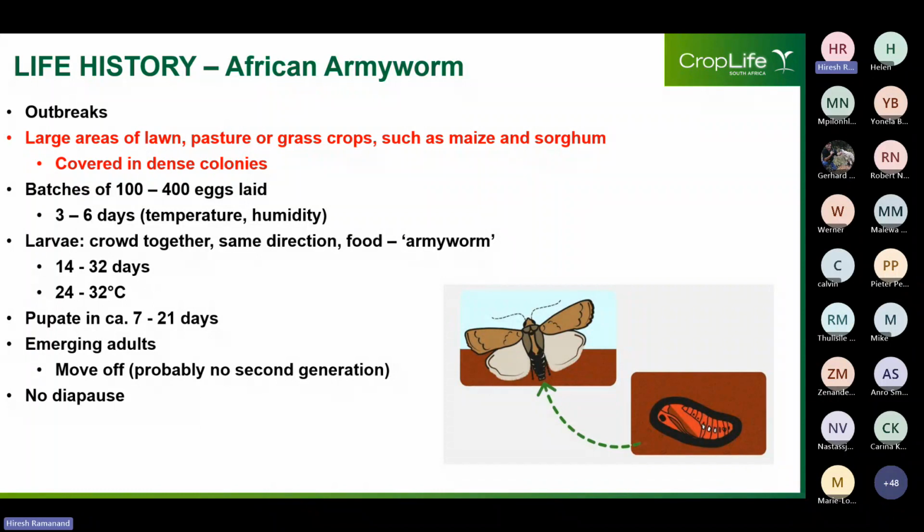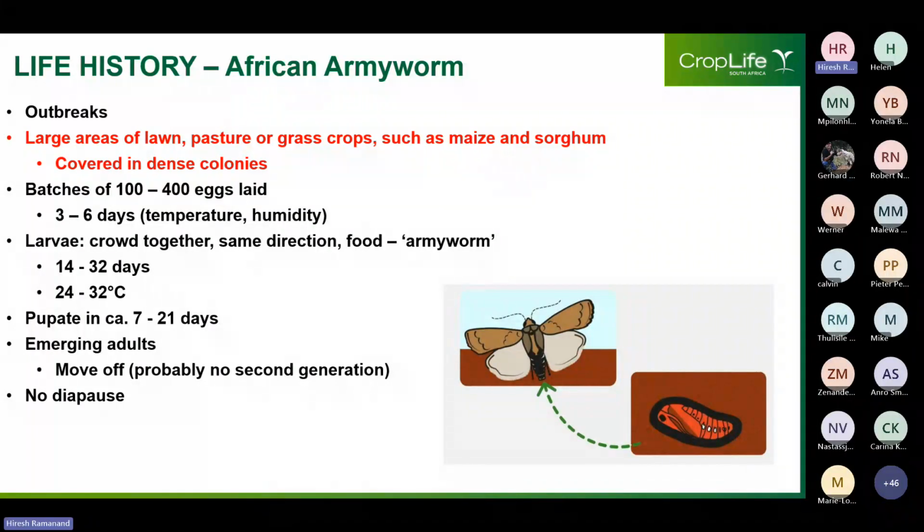The name armyworm describes the way the larvae crowd together, often marching in the same direction in search of food. In Afrikaans, the African armyworm is called commando worm because the large numbers of larvae advancing basically look like a group of commando soldiers on a maneuver.